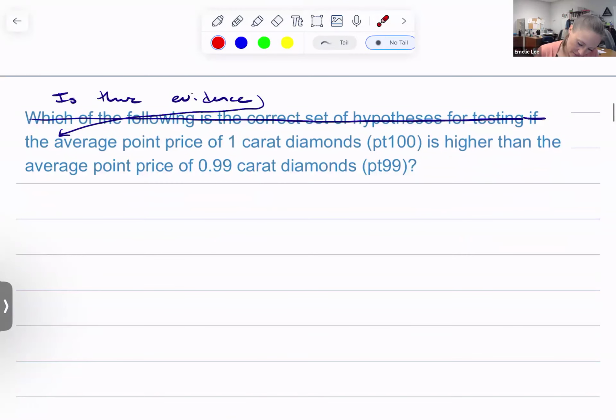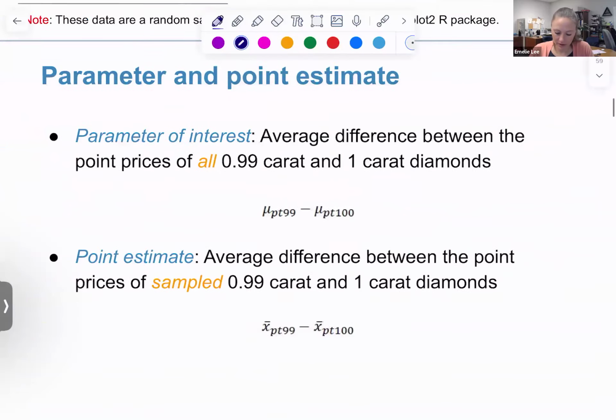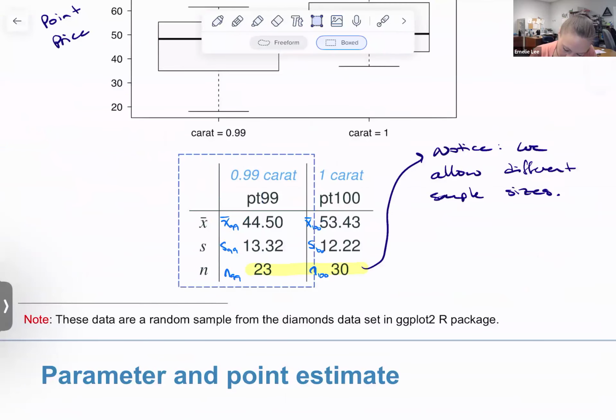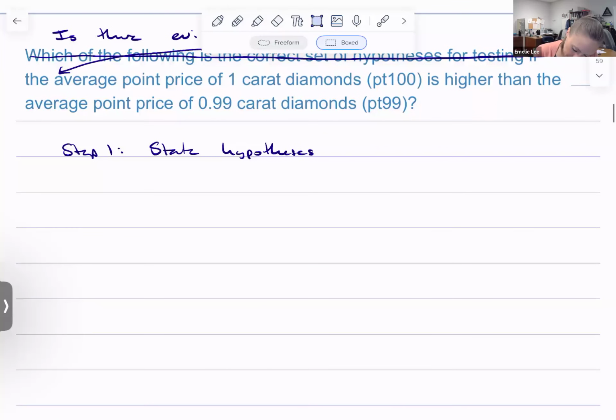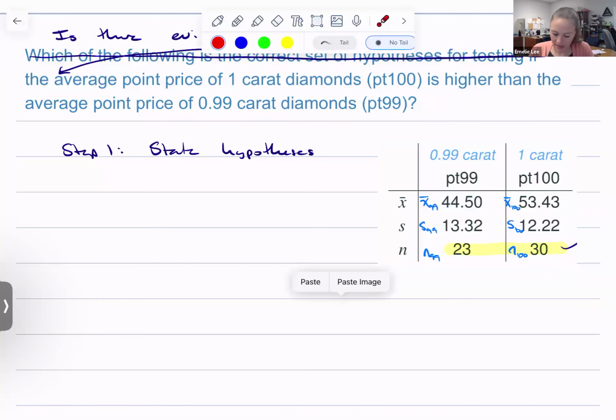And so for step 1, state the hypotheses. Remembering the order, it gets a little bit weird here, because I have the information like this, and because I know my brain doesn't want to do subtraction, it just doesn't want to work from right to left.